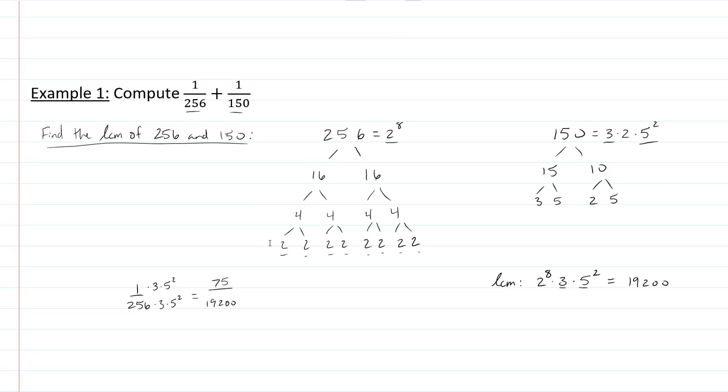Likewise, to get 1 over 150 to have that denominator, we multiply by 2 to the 7th, because there are 7 2s missing from the prime factorization of 150 compared to the LCM.